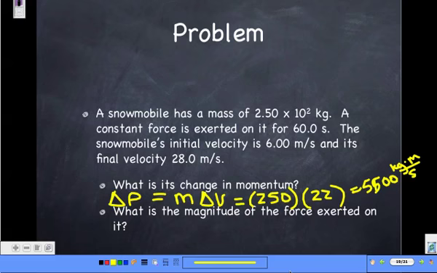Magnitude of the force. We know that F delta t is equal to delta p. And we already know delta p, so our force will equal 5,500 over time 60.